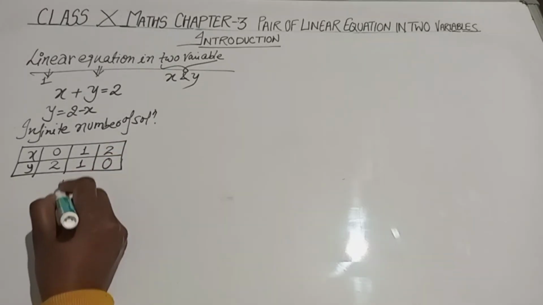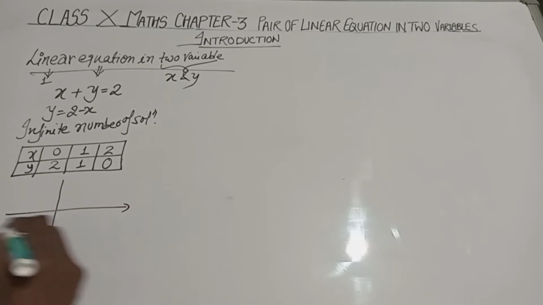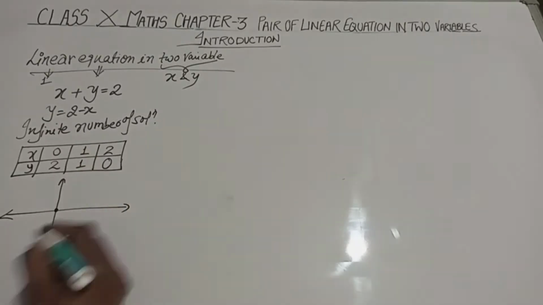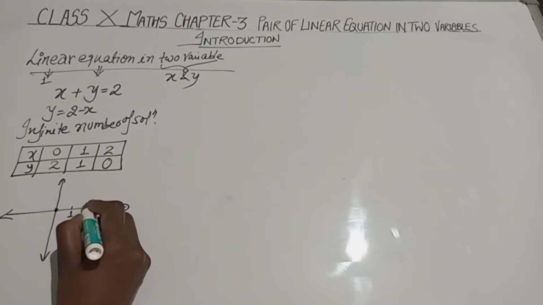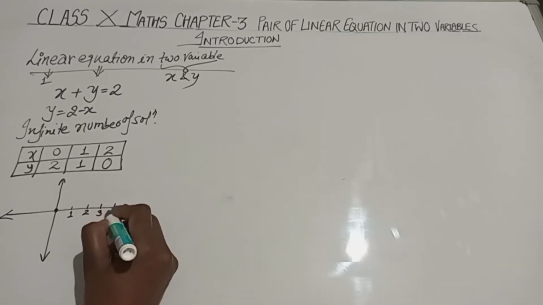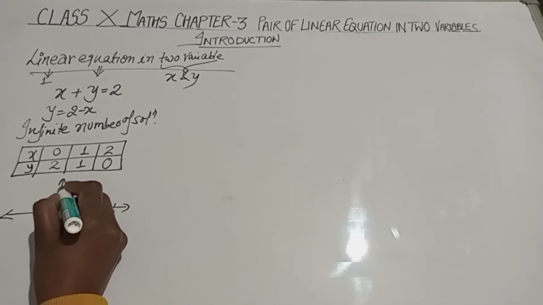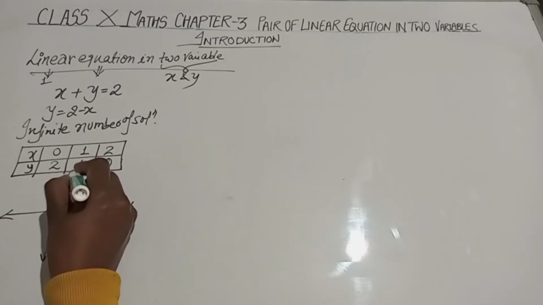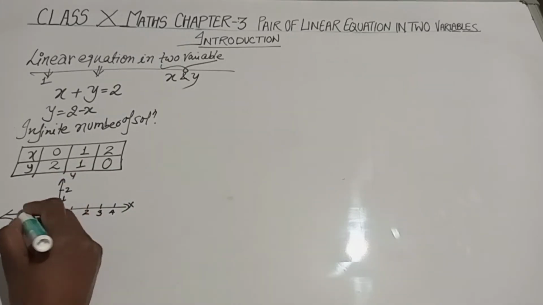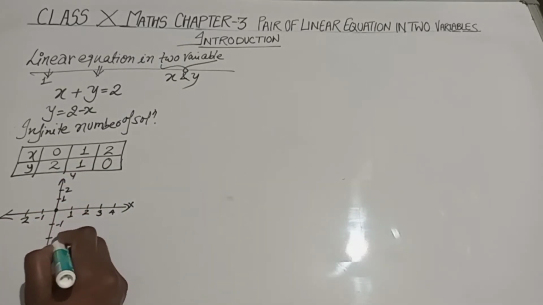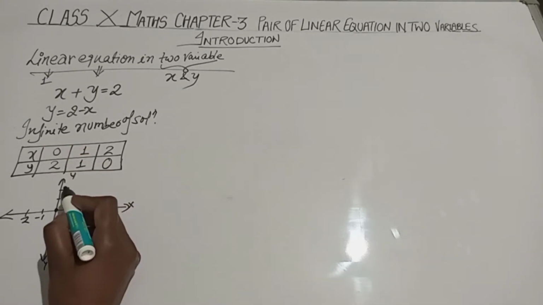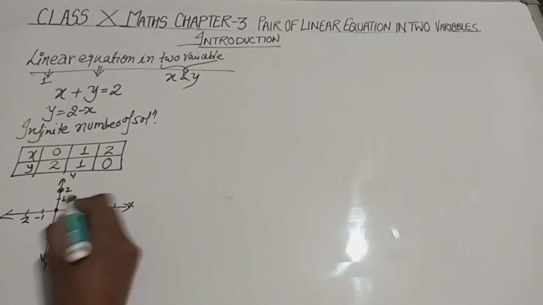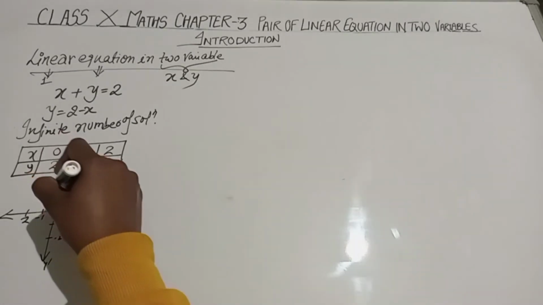In Class 9 we plotted the graph with x axis, x dash, y dash, and negative values minus 1, minus 2. The point 0, 2 is here on the y axis, 1, 1 is here, 2, 0 is here, and we draw a line.